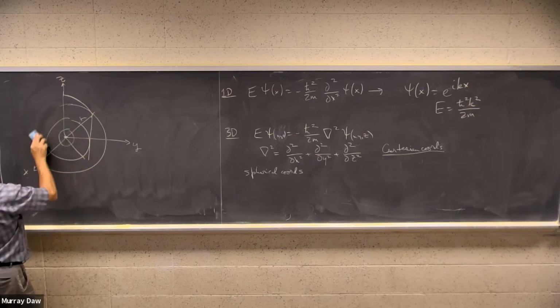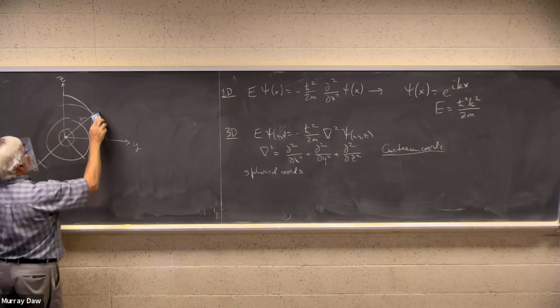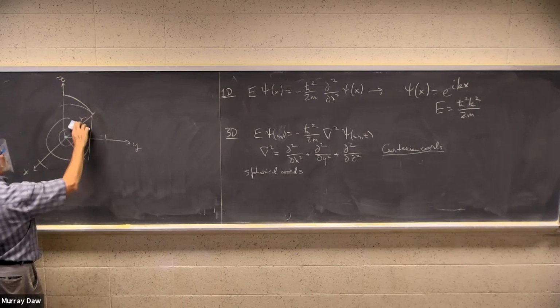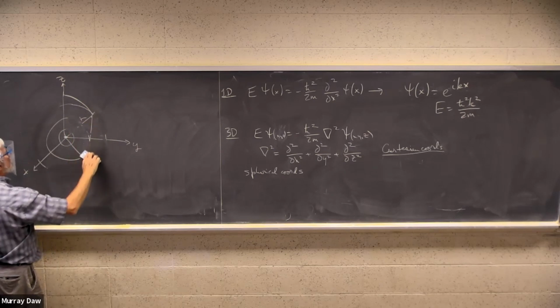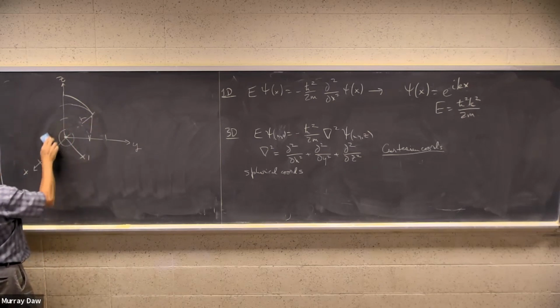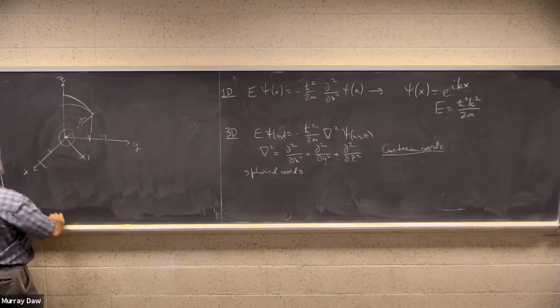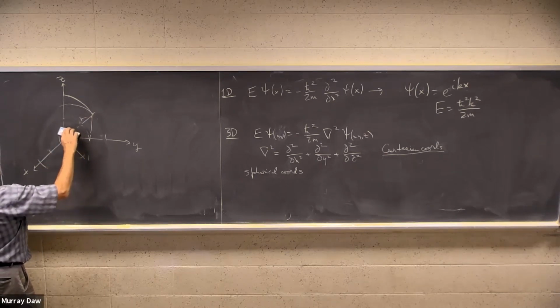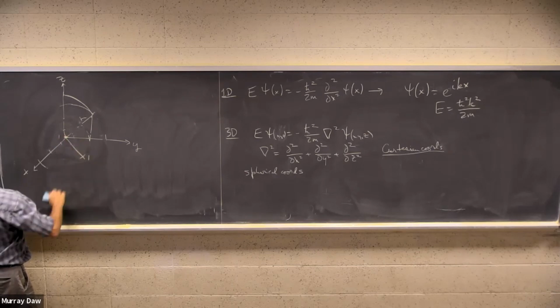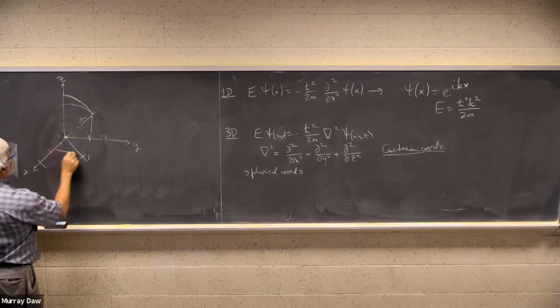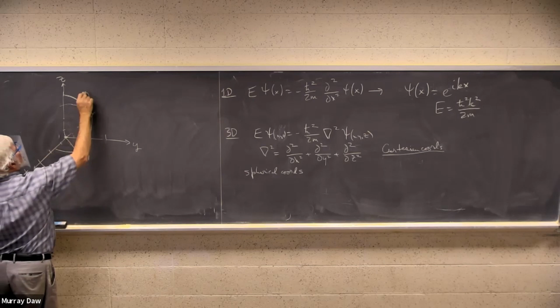Let me get rid of these spherical wavefronts. Let me draw the coordinate system I'm going to use to describe it. We want to conform to the shape of the wavefront, so we're going to use spherical coordinates because it's spherically shaped wavefronts. Okay, so there's 2 angles.